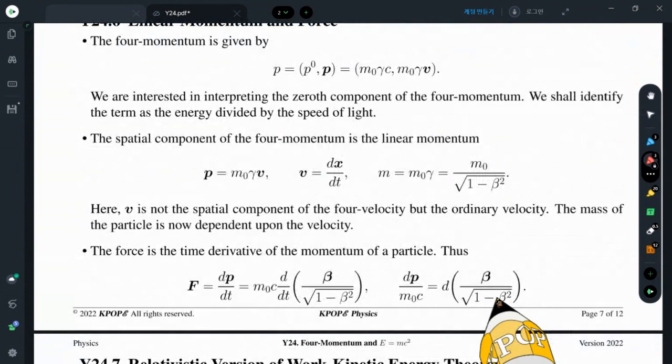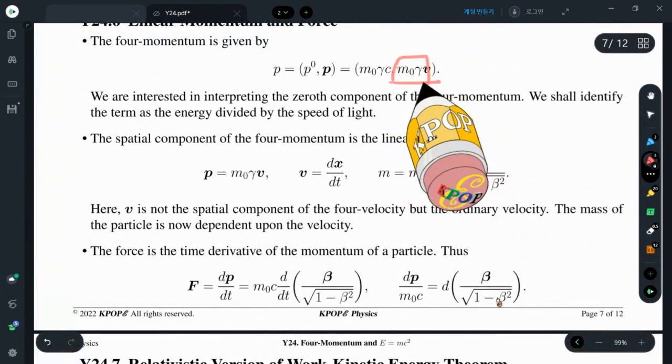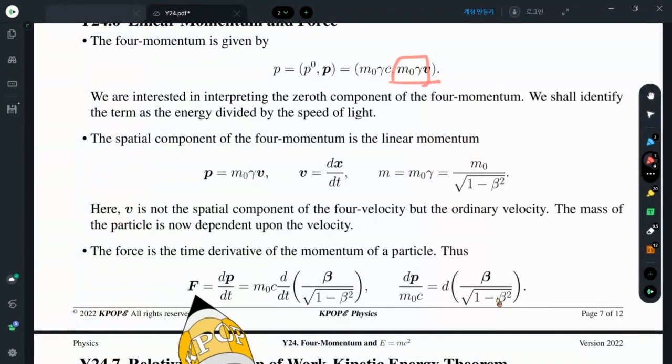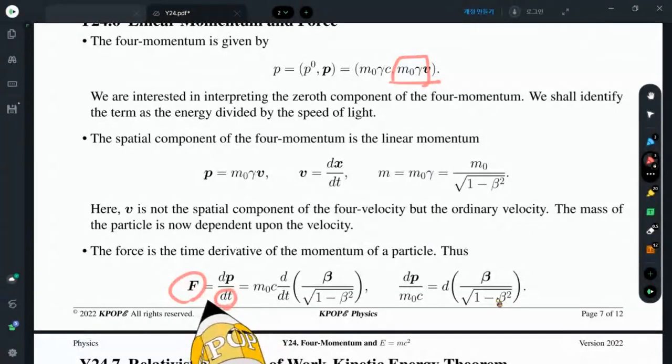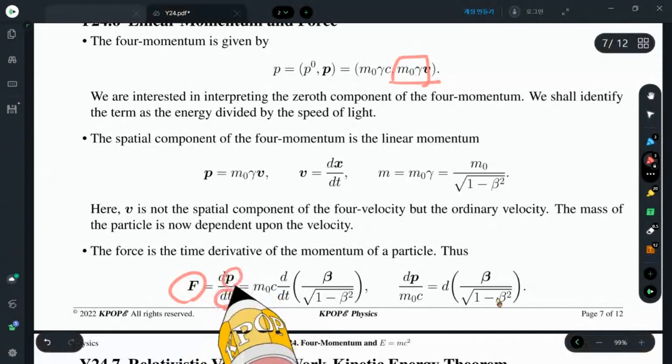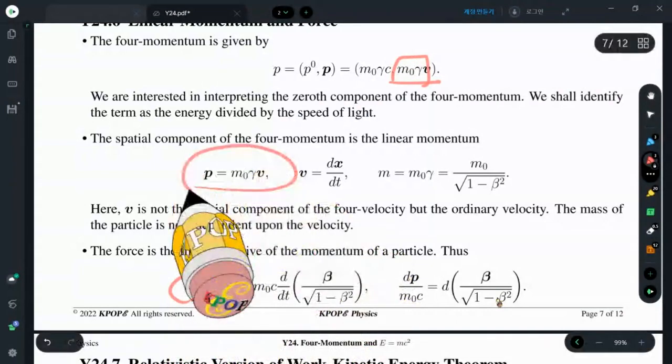Okay, what we have found is that mass seems to be increasing depending on the velocity. Well, why don't we compute the force, the ordinary force, that is the time derivative of momentum. This force is not a four vector. This is the spatial component of a four vector, and we take the usual ordinary time derivative. Then the expression for the momentum is like that.